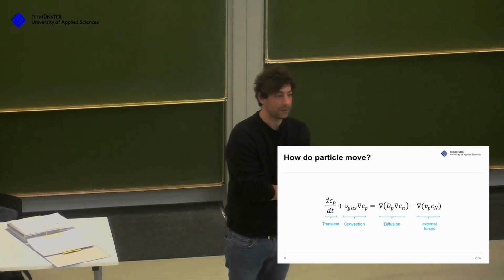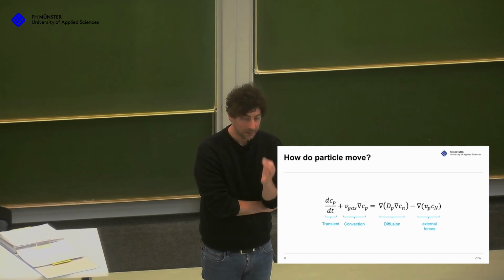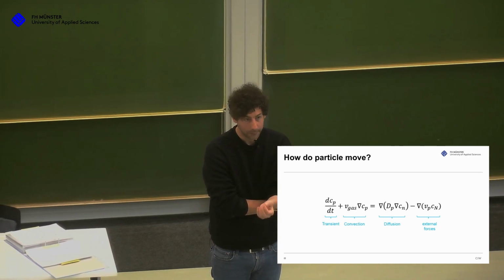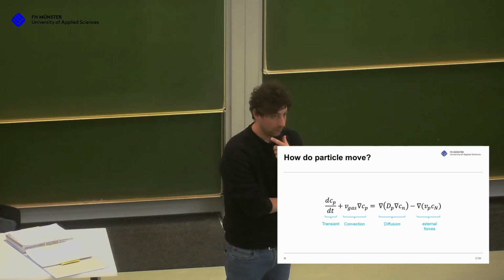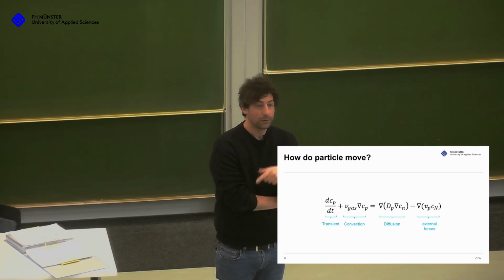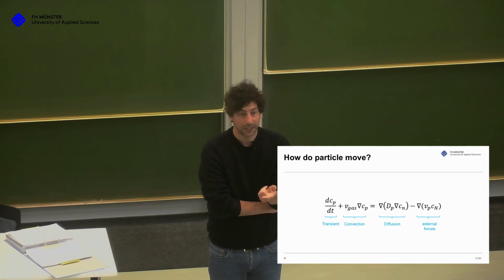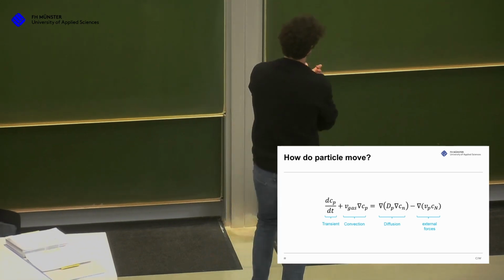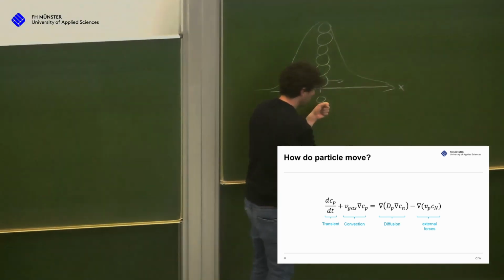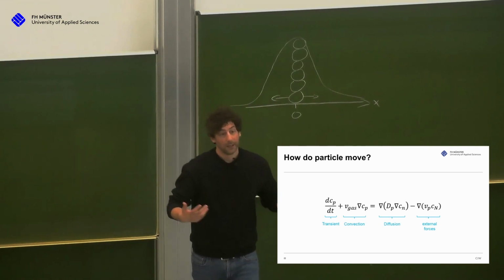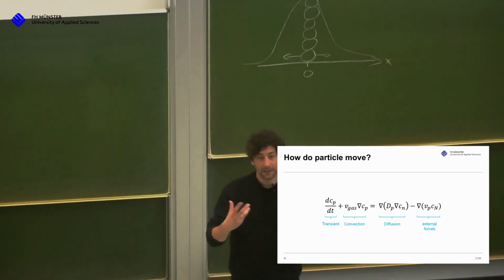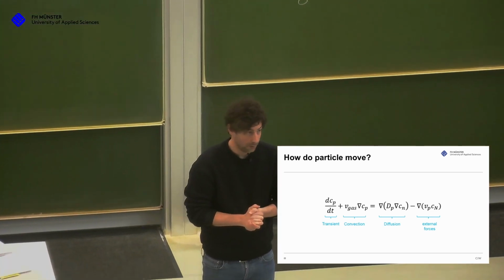I showed you with the sand a very simple one-dimensional example of how one particle can move by convection and by external force, and now how particles move by diffusion. These are just theoretical cases, simple examples.